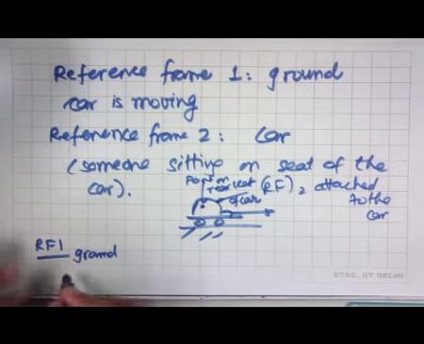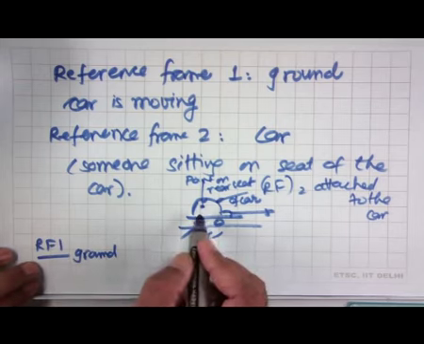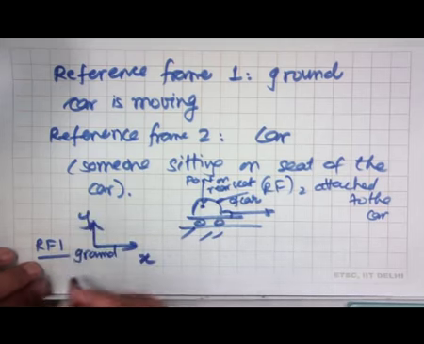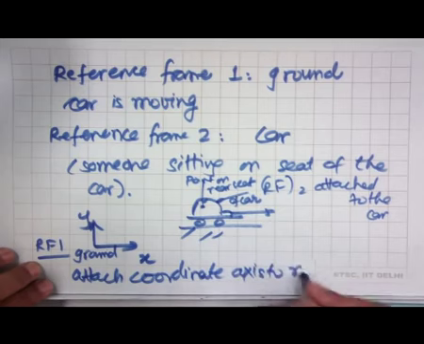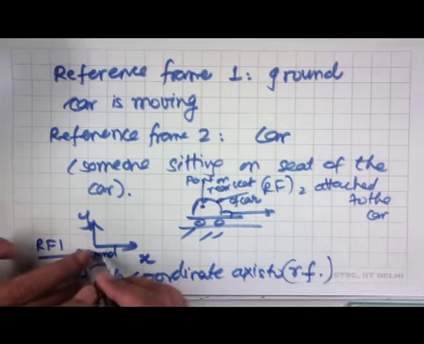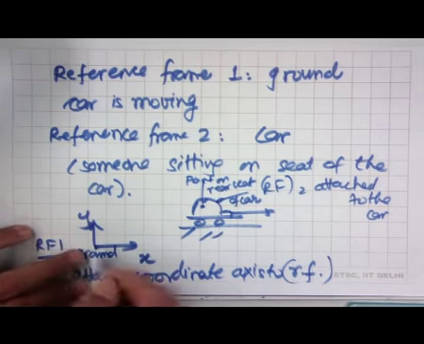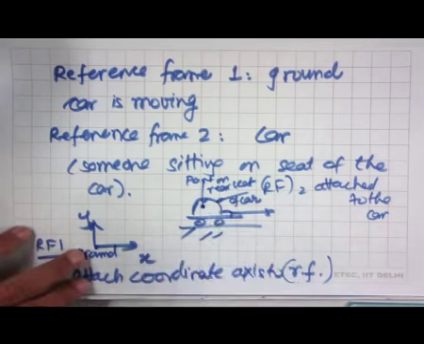Now, if I observe this from reference frame 1, one thing I will have to do, if I want to observe the motion of a point P, is attach a coordinate axis to the reference frame where I want to take measurements. Suppose I attach a coordinate axis to the reference frame on the ground, and I observe the motion of this point P, which is on the rear seat, a fixed point P.